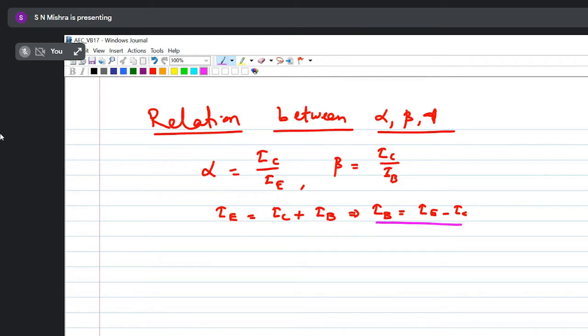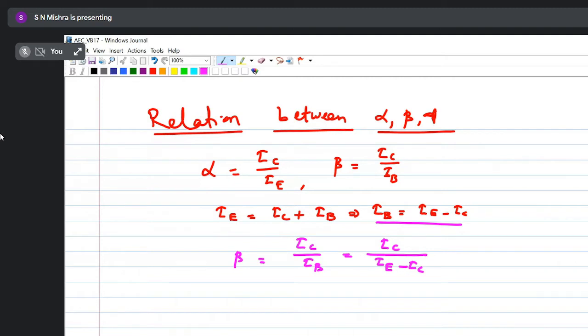If I take beta equals IC by IB, then I'll keep IC the same, and in place of IB I'll put IE minus IC.